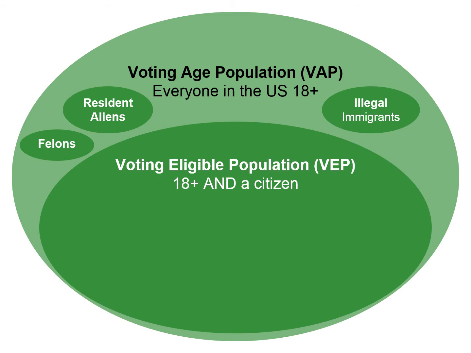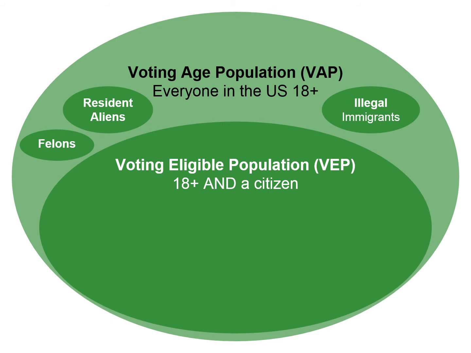So, people who are here on green cards or people that are here illegally. And then, too, most convicted felons are going to be left out of the VEP. So the national voter turnout rate in 2012 using the VEP was 58.2%, which is almost a 5% difference from the VAP.